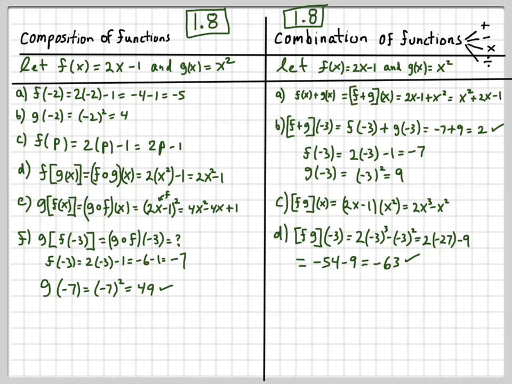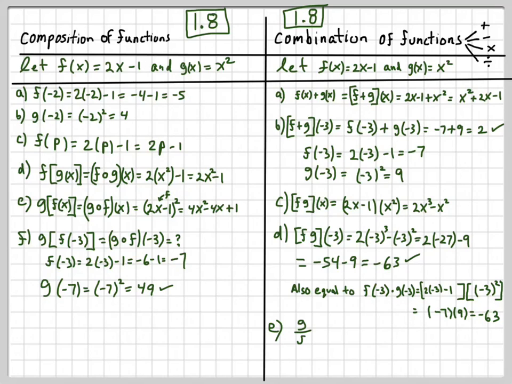Another way would be to plug in the negative 3 into f, and then separately into g, and then multiply those two products. And I'll show you now. And if you simplify, you would get the same answer, negative 63.